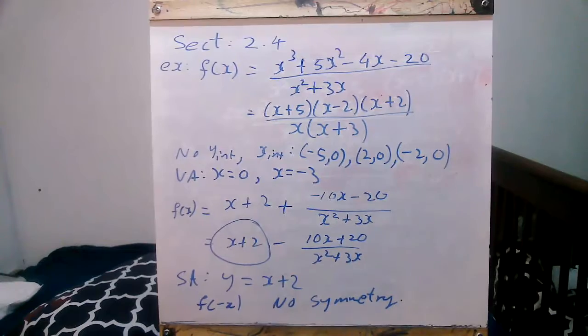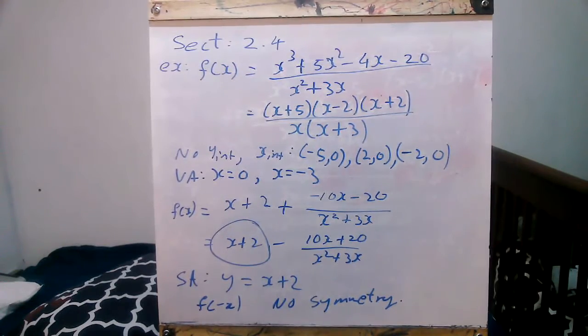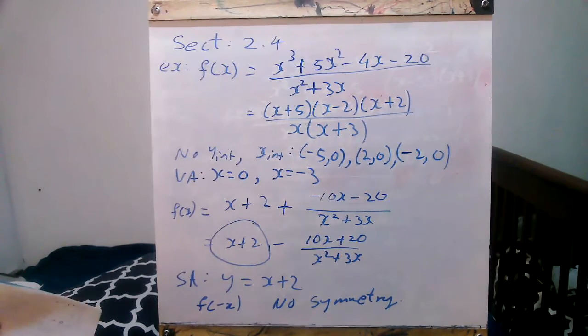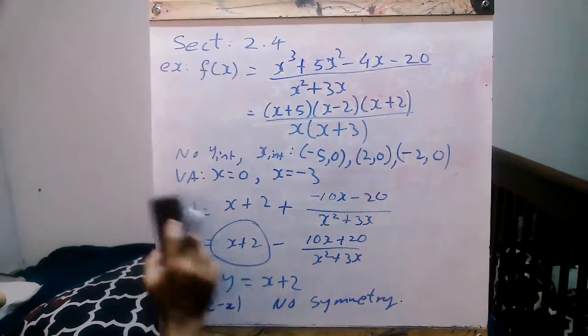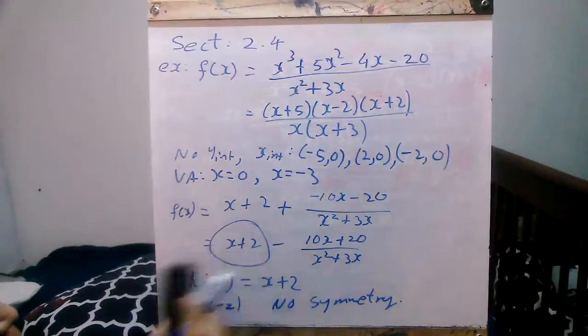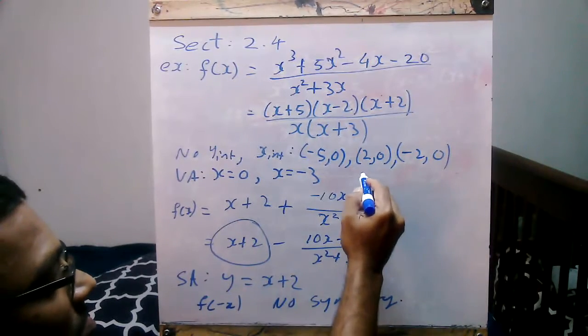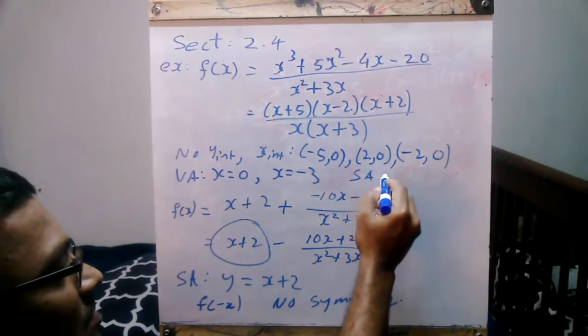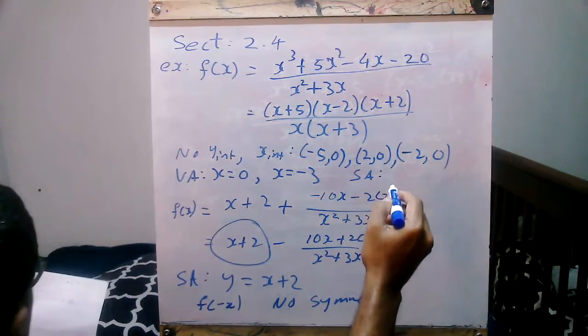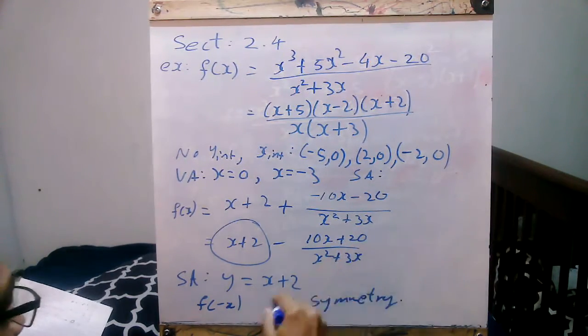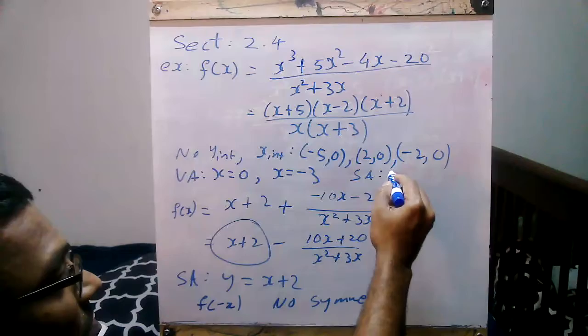Then we can do the sign analysis, or finding checkpoints. I'm going to erase this part. Before that, I'm going to write down the slanted asymptote. We have the slanted asymptote at y equals x plus 2.